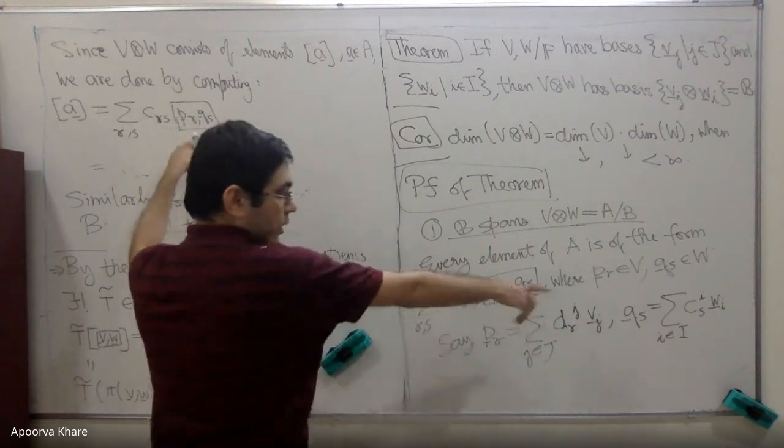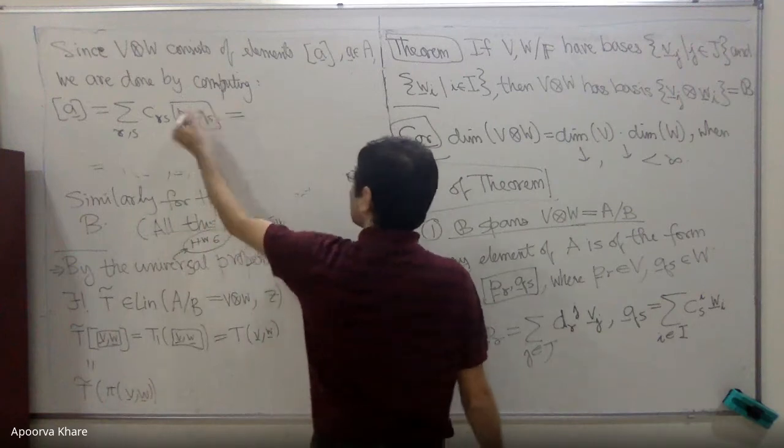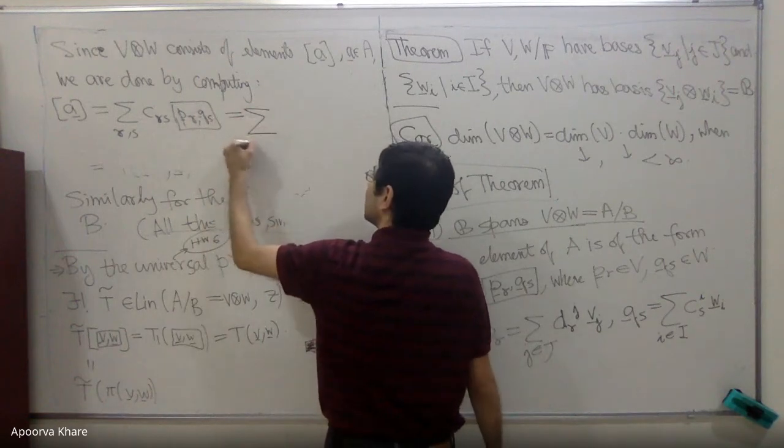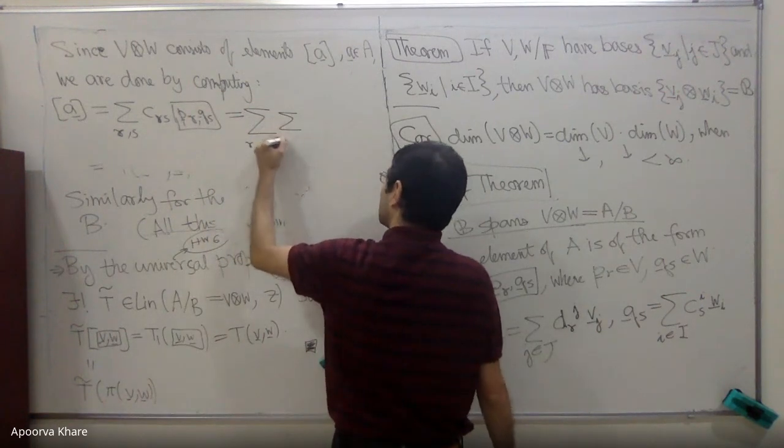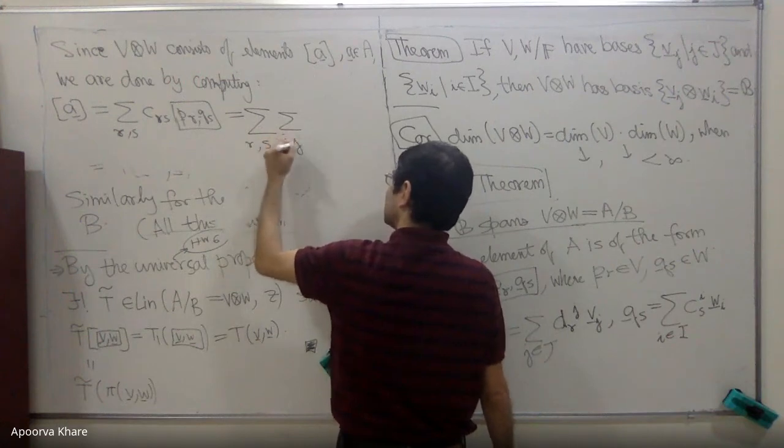But now P_R and Q_S are like this, so again you can still use more linearity, and you can also add I and J.